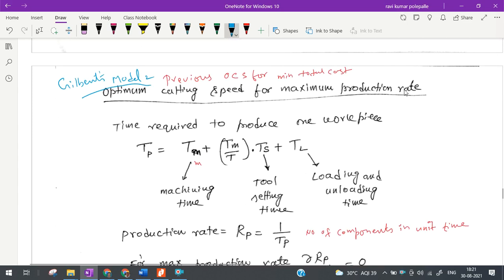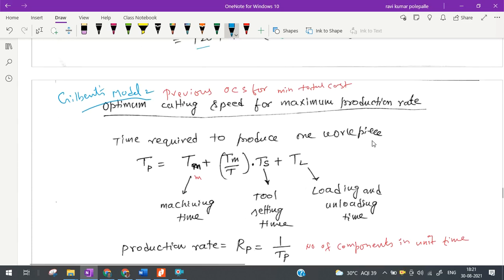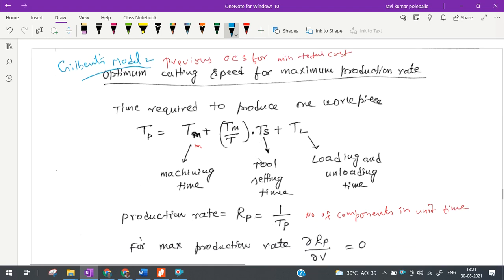Production rate, since sometimes cost may not be the only criterion. We have to consider production rate. We may be in a hurry to produce a large number of components in a short period of time. In such situations, a slight increase in cost does not matter, and therefore we bother about the production rate, which we call the maximum production rate.